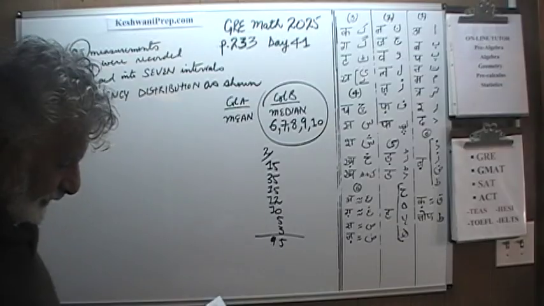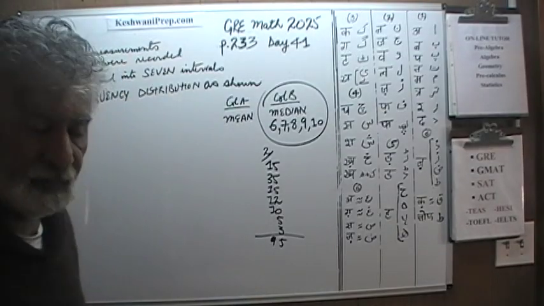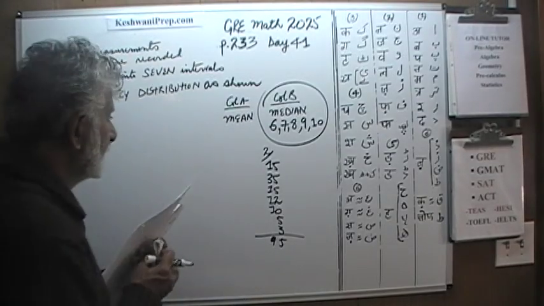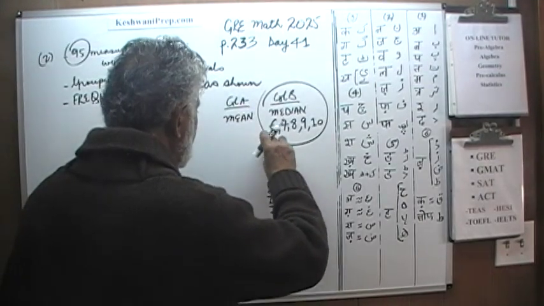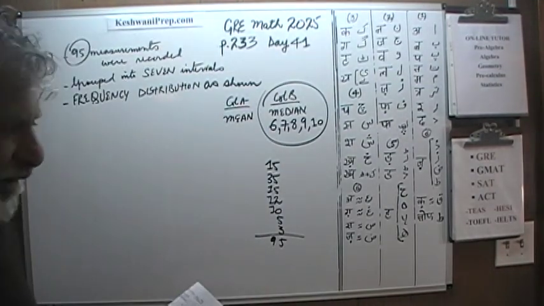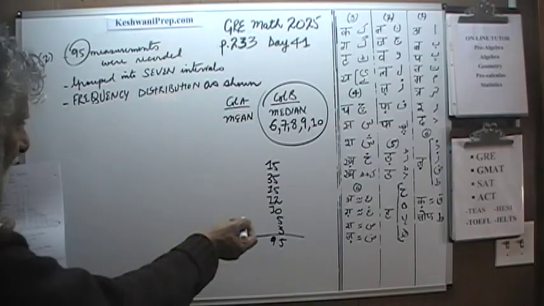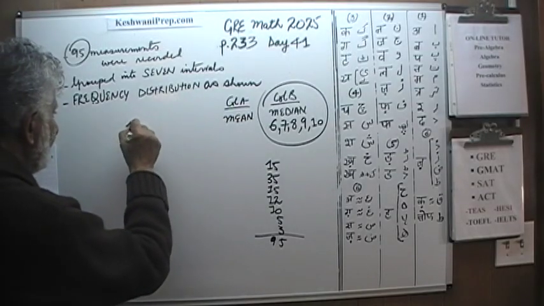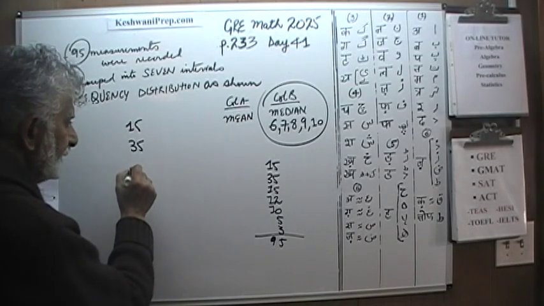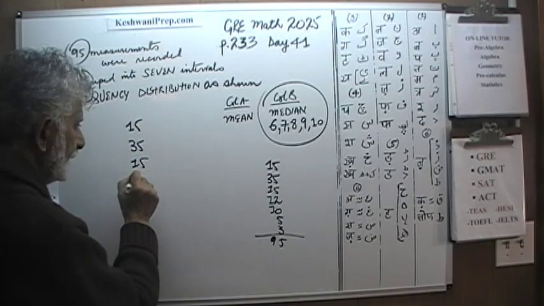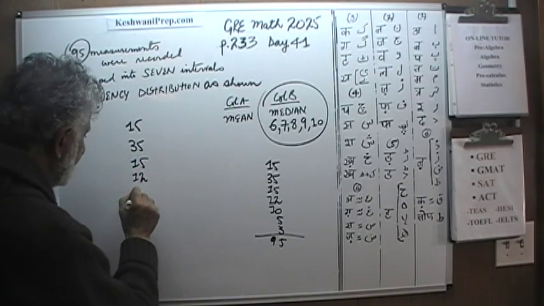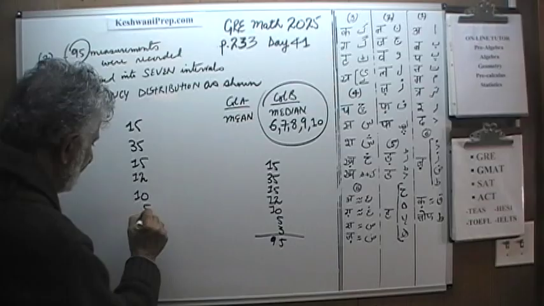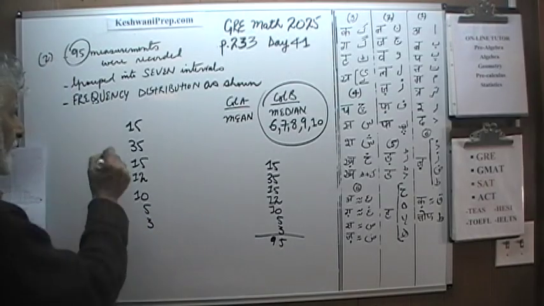There were 15 observations, categories 1 through 5. So let's put it right here. 15, 35, 15, 12, 10, 5, and 3.